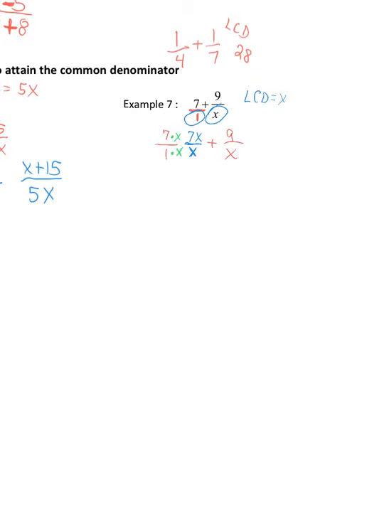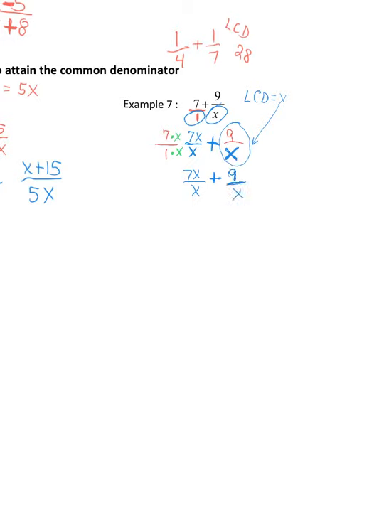And now you're going to say, all right, we'll do the same thing on the other one. I don't have to, because I already have the common denominator. I don't need to compensate 9 over x because it already has the least common denominator. So my result in blue is to take that 7x over x, take this red addition sign and make it blue, and make that red 9 blue.